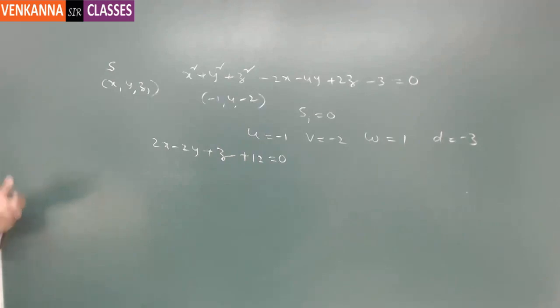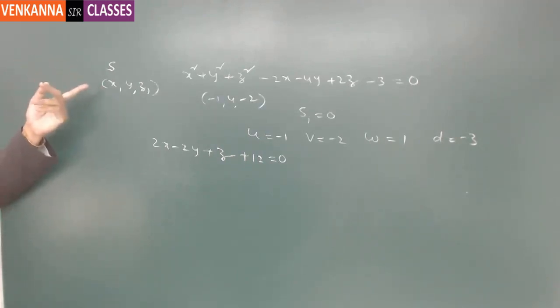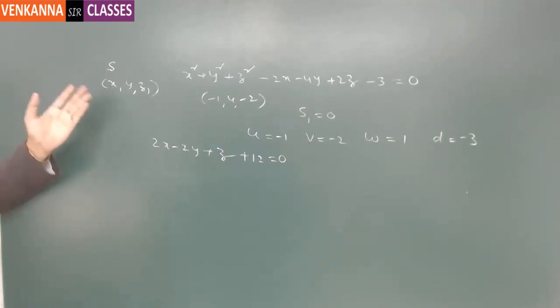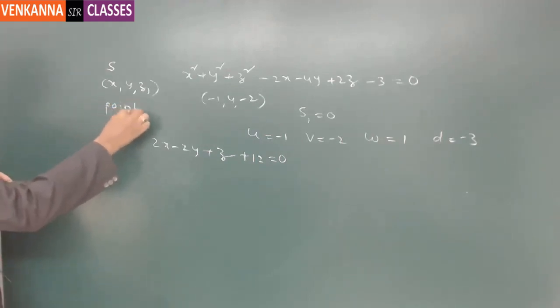In other words, if I have given a point and a sphere equation, you should know whether the point is an internal point, an external point, or on the sphere. How can we check? Yeah, we simply substitute the point in the sphere.